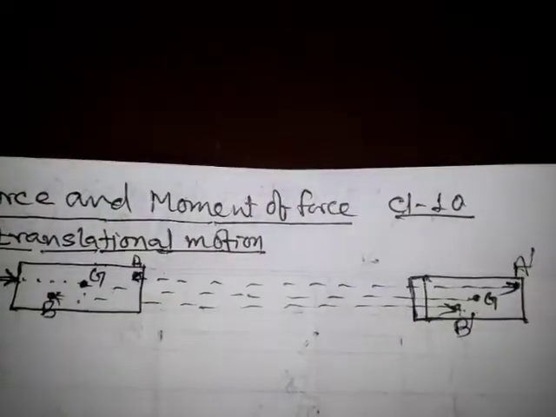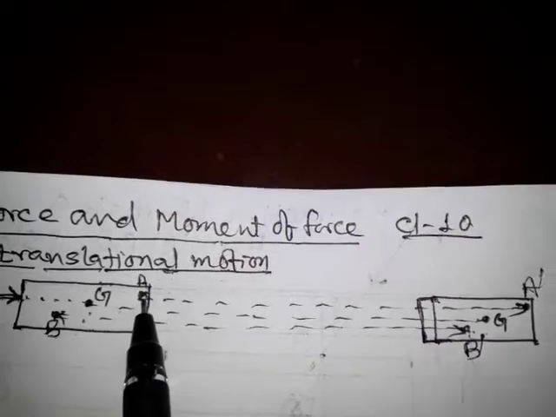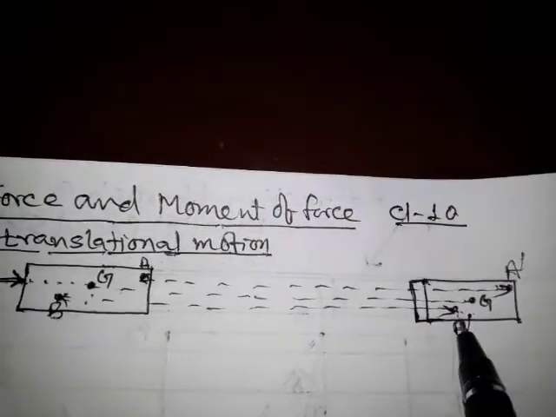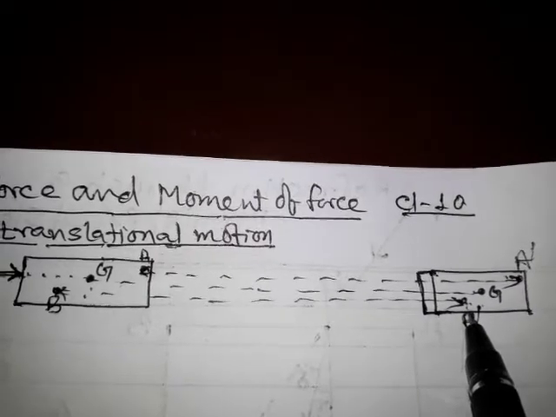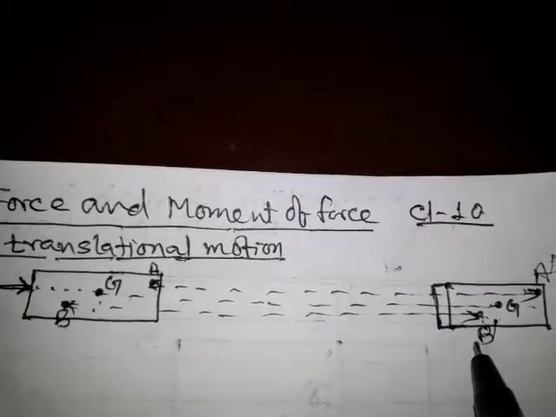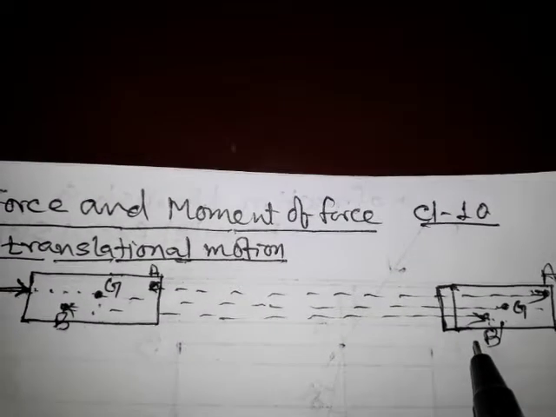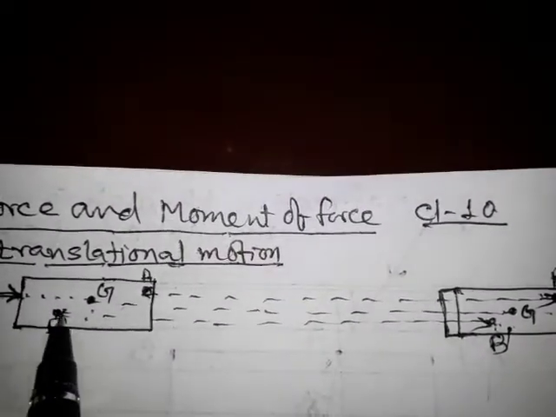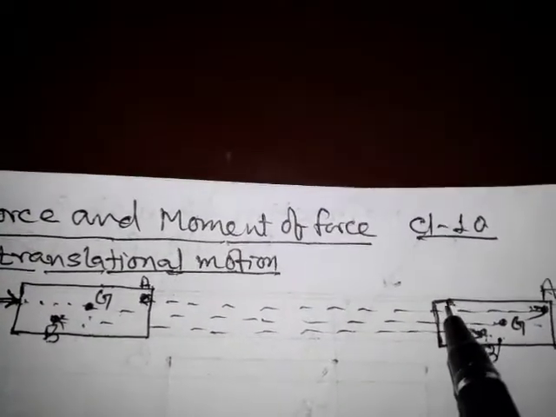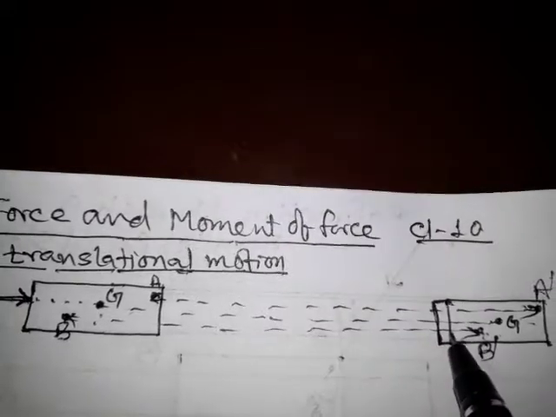Whose displacement is more? This is displaced from here to here. This is displaced from here to here. Whose displacement is more? So here both the particles' displacement is the same. The displacement of all the particles of the object will be the same.